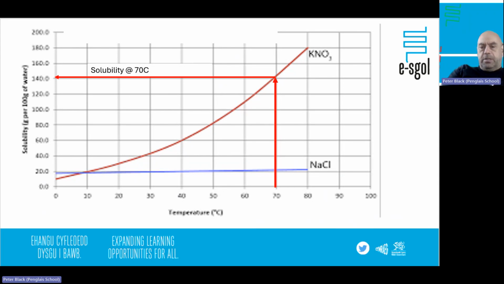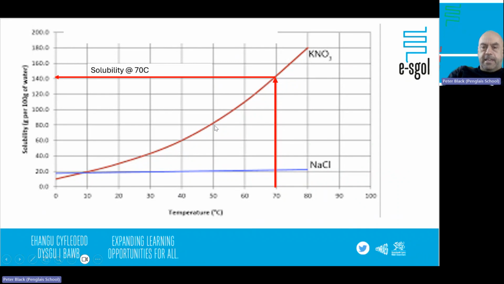Just quickly, you can see there, hopefully, that the solubility of sodium chloride is hardly affected by temperature. It's literally about 20.1 grams per 100 grams of water. It's quite hard, you can't really see the scale there. What's the solubility at 50 degrees C then? I'll give a little pause.